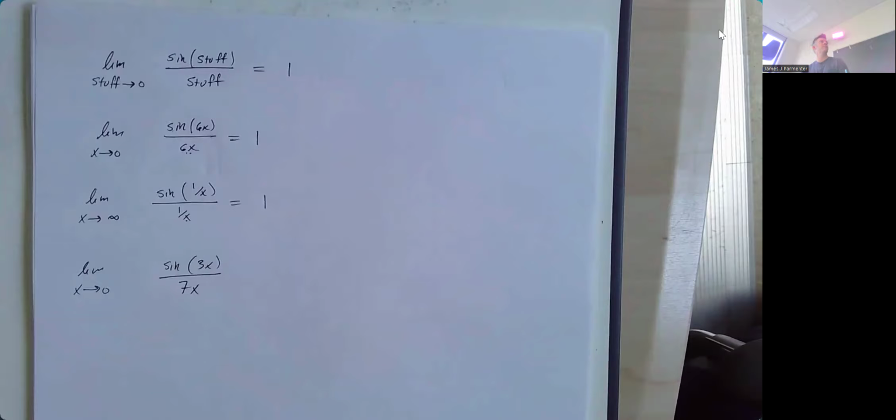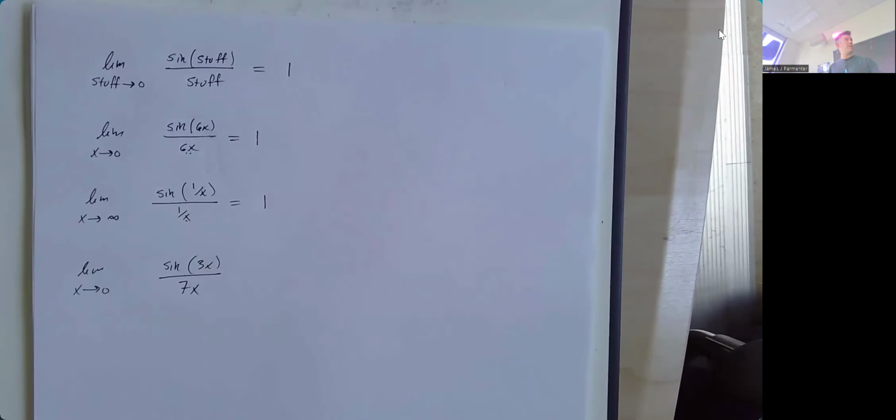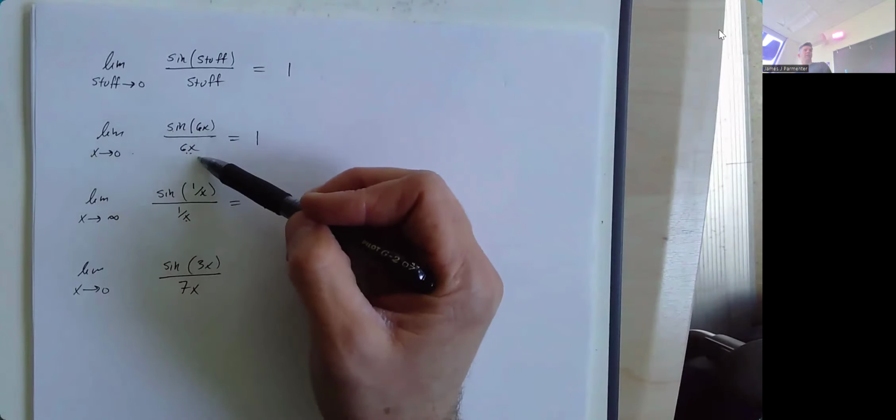Things start getting more challenging when we start asking questions like, what's the limit as x approaches 0 of sine of 3x over 7x? By the way, I should have said, although I didn't, all of these are 0 over 0 types of limits. If you actually plugged in 0, you would have sine of 0 over 0, which is 0 over 0.